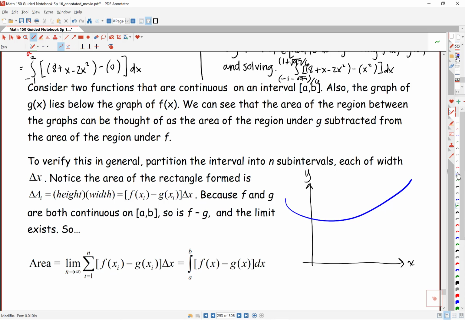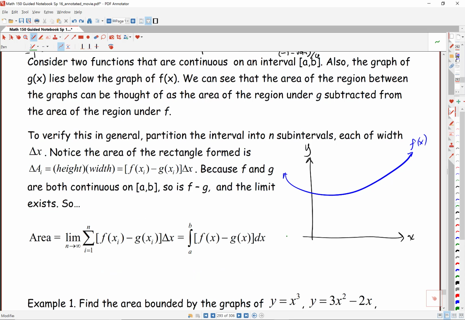Let's name that: this is our f of x. And then we have some other graph g, like this. That's our g of x.